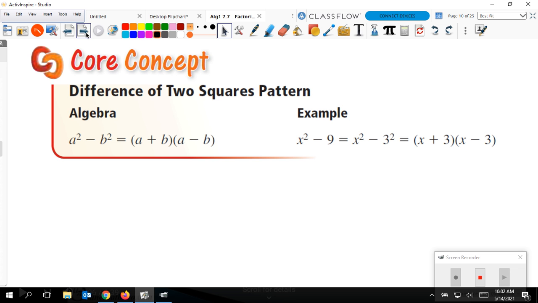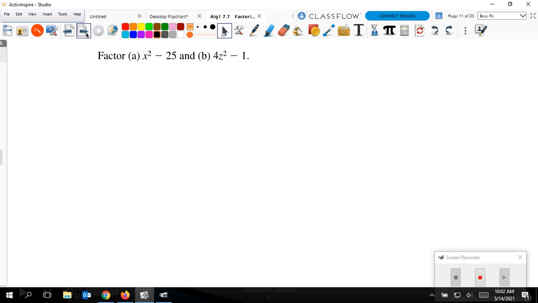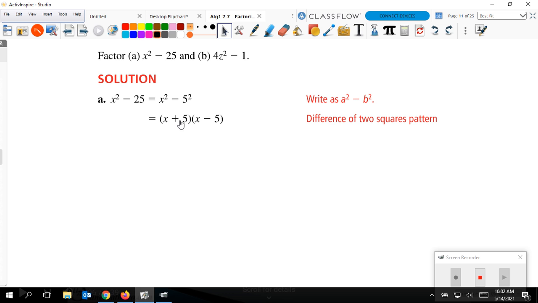All right, let's go ahead and try some here. You don't need to write these down, but we can just see this. Here's an x squared minus 25. We just saw one similar to that. You have 5 squared, so it's going to be x plus 5 and x minus 5. So two binomials in parentheses is what these factor to. Now this one, 4z squared. 4 is a perfect square, making this a perfect square term.